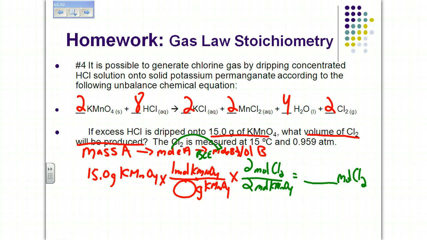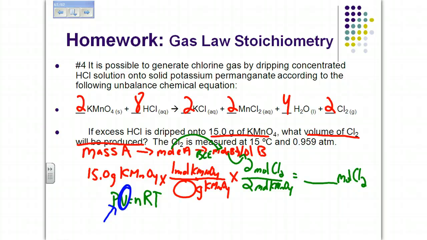I'm then going to use this answer, the moles of Cl2, in my equation PV equals nRT. This is the equation which is going to bring us from mole B to volume B. In order to fill in this equation and solve for V, because that's what the question's asking, I have to put in the pressure that is given to me.